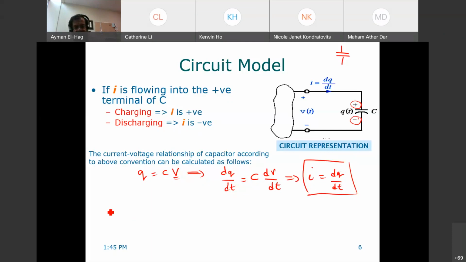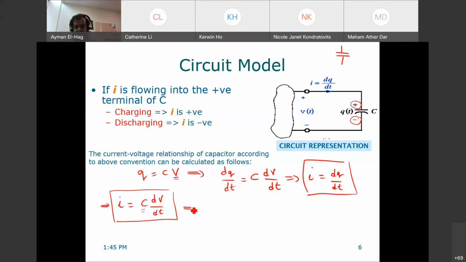So this means that your current I is equal to C dV by dt, and this is the fundamental law in a capacitor: the current is equal to the capacitance times dV by dt. So if I know the voltage across the capacitor, I take the derivative, multiply by C, and then I can find the current. What if I want to do the opposite? I want to find the voltage from the current.